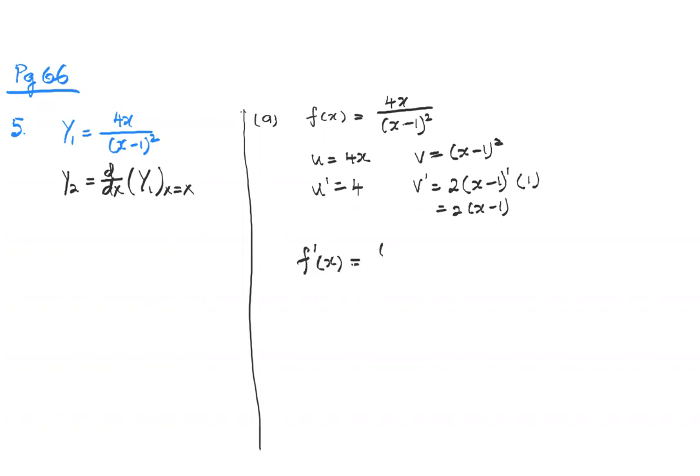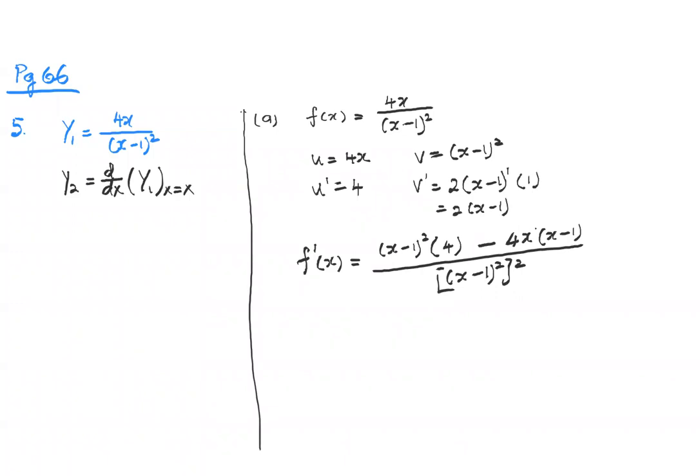V U prime take away U V prime. The whole thing divided by V squared. Right?